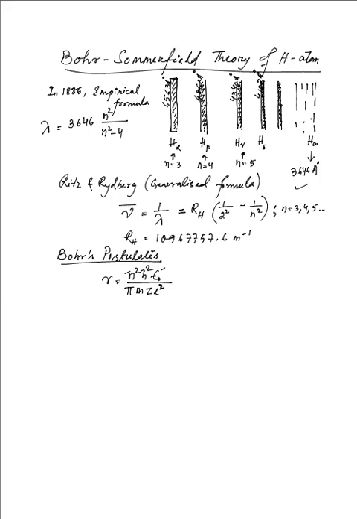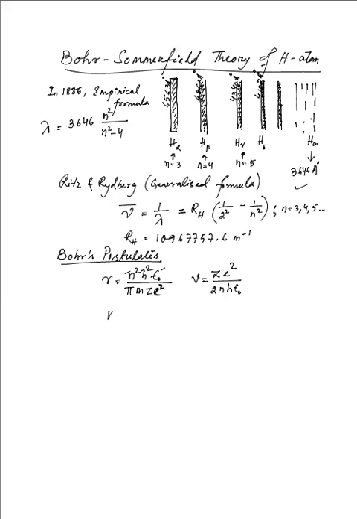Mass of the electron as m, Z being the atomic number of the given atom, and here e is the charge of an electron, 1.6 times 10 to the power minus 19 coulombs. The speed with which the electron revolves around the nucleus, even that is quantized, and that is given by Z e square over 2 n h epsilon naught.